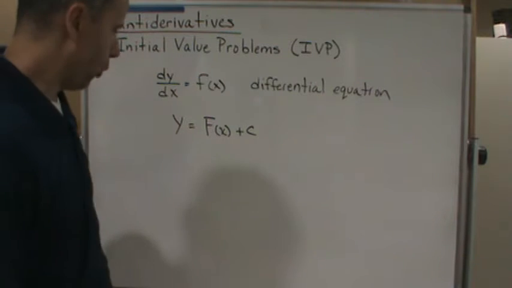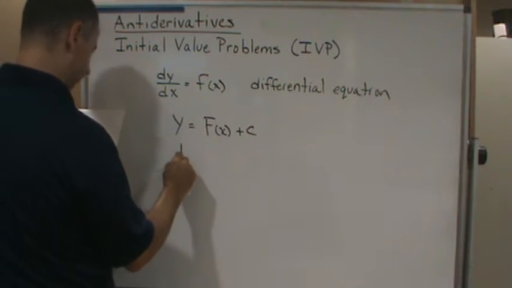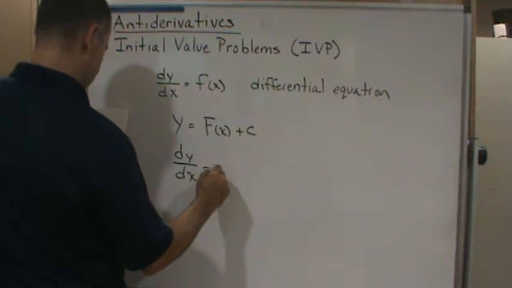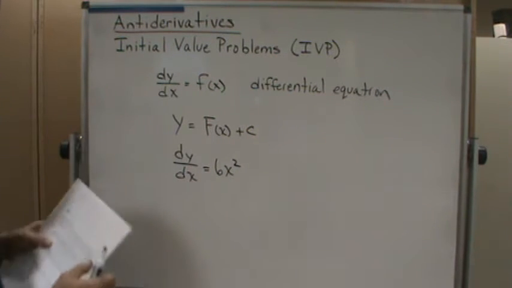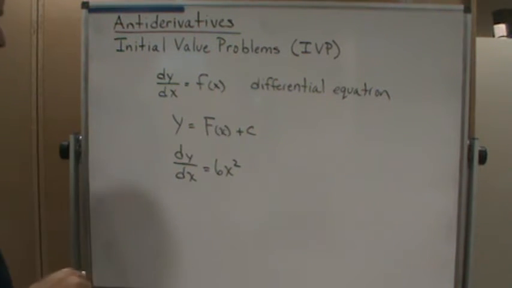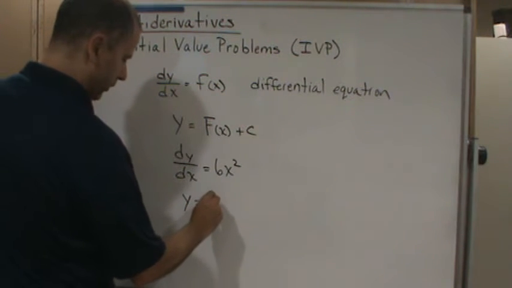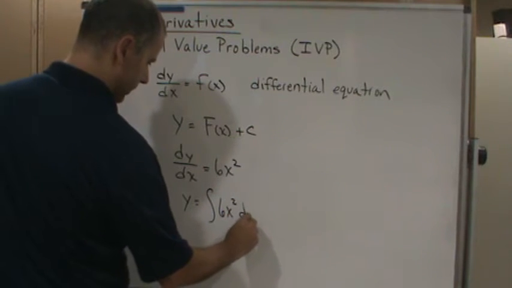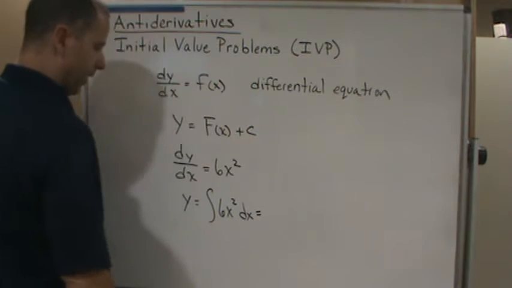Okay? So for example, if I had dy dx is equal to 6x squared, then what we would say is the solutions to this, right? So y would equal the integral of 6x squared dx. So we would integrate this and find the antiderivative.